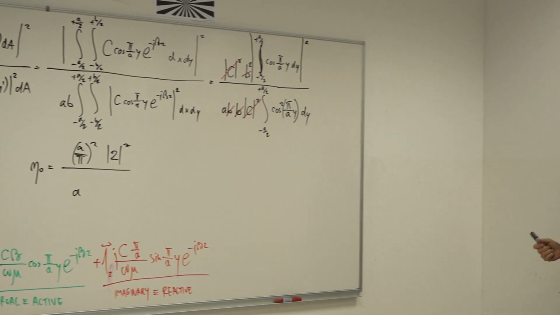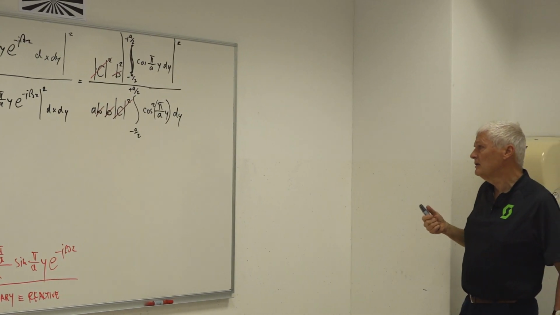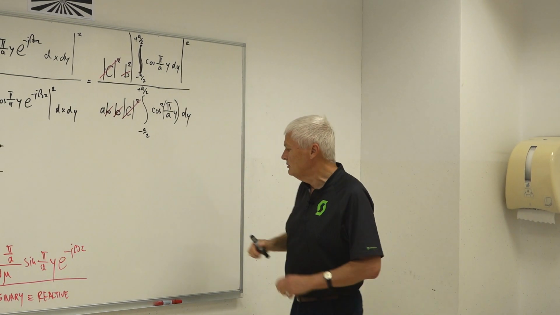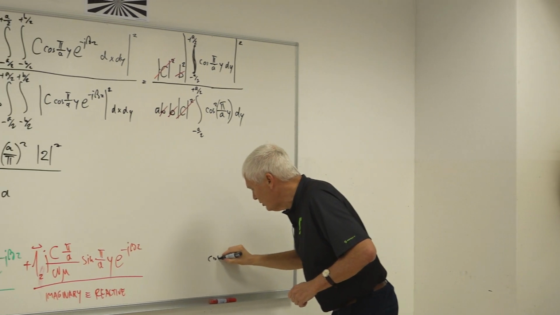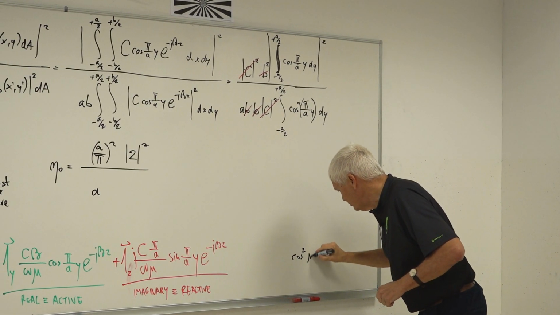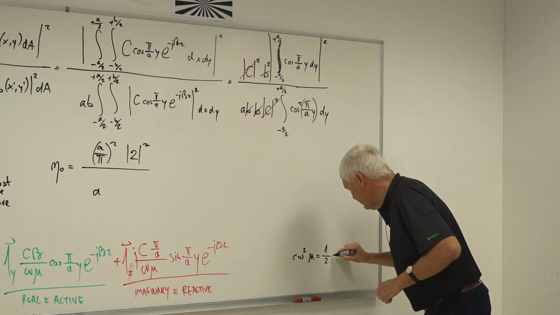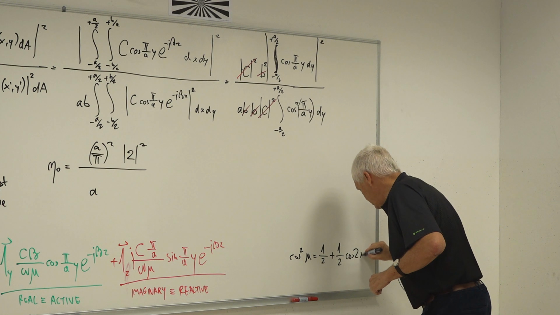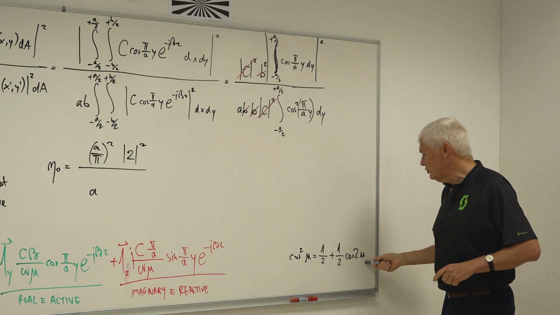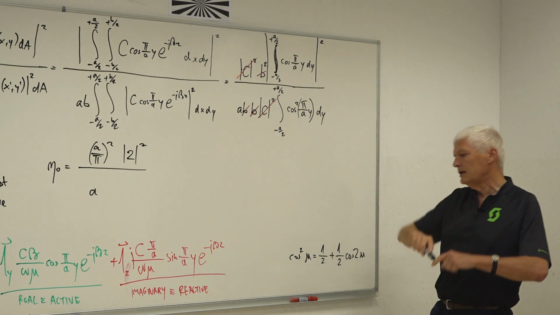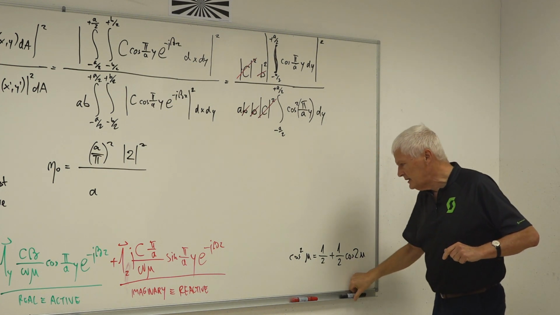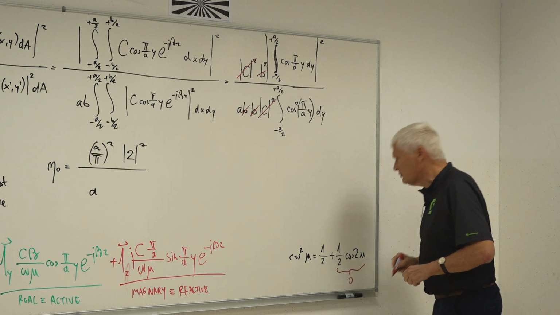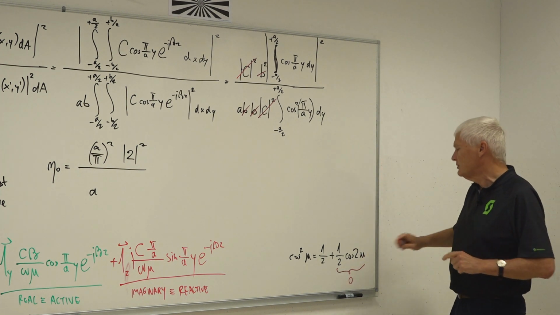We could rewrite cosine squared of u as 1/2 plus 1/2 cosine of 2u. This cosine of 2u, of twice the argument, is now integrated over its whole period. So this gives 0 in the integral because we go over the whole period of the cosine 2u.